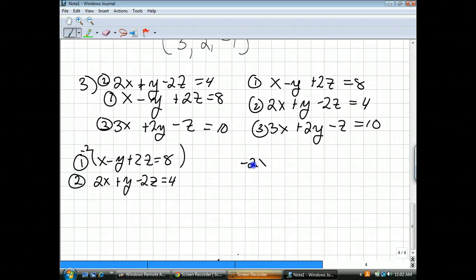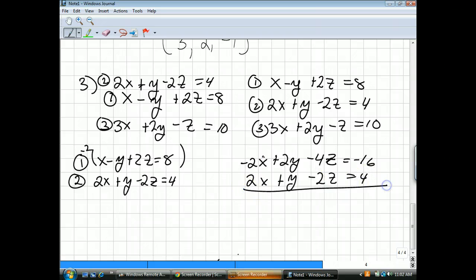So it's going to give me negative 2x plus 2y minus 4z equals negative 16. Add those together. These two add up to 0. So I get, whoops, should be a positive 3y. 3y minus 6z equals negative 12. So this is now my equation 4.